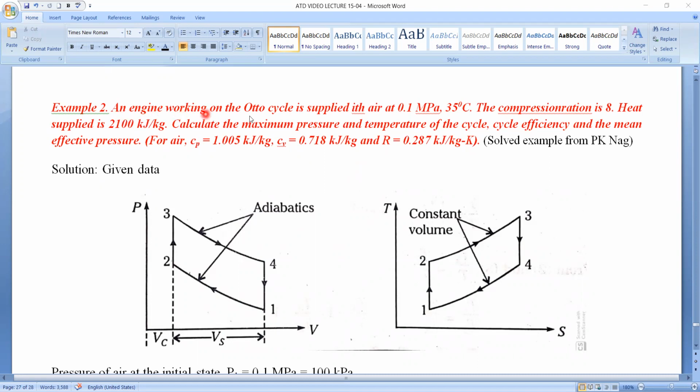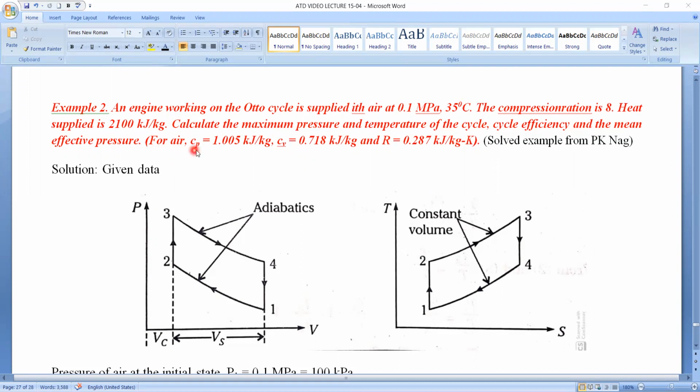An engine working on the Otto cycle is supplied with air at 0.1 megapascal, 35 degrees centigrade. The compression ratio is 8. Heat supplied is 2100 kilojoules per kg. Calculate the maximum pressure, temperature of the cycle, cycle efficiency, and the mean effective pressure.